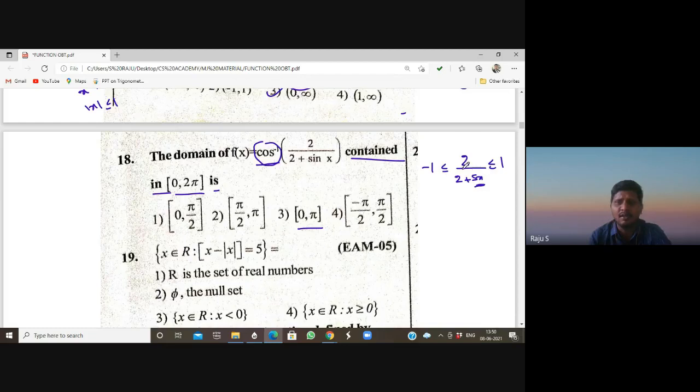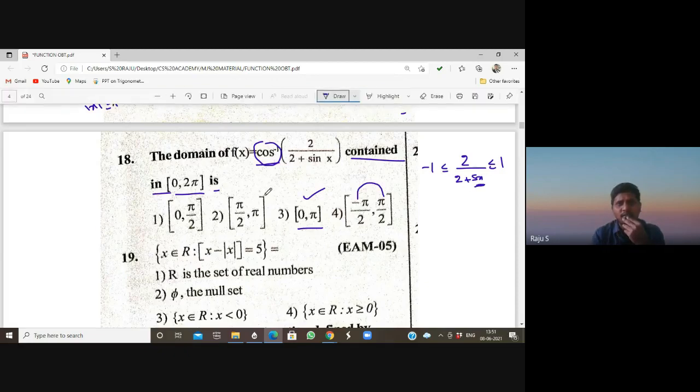x lies from -1 to 1, clearly 0 to pi. 0 to pi can satisfy, like, for example, if you take minus pi by 2, what value do we get? We should not take a negative value because they gave 0 to 2 pi. Understood, students?